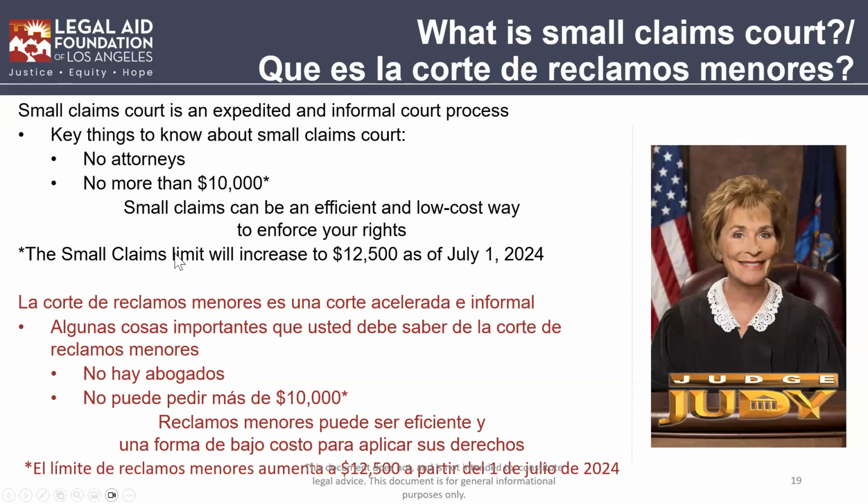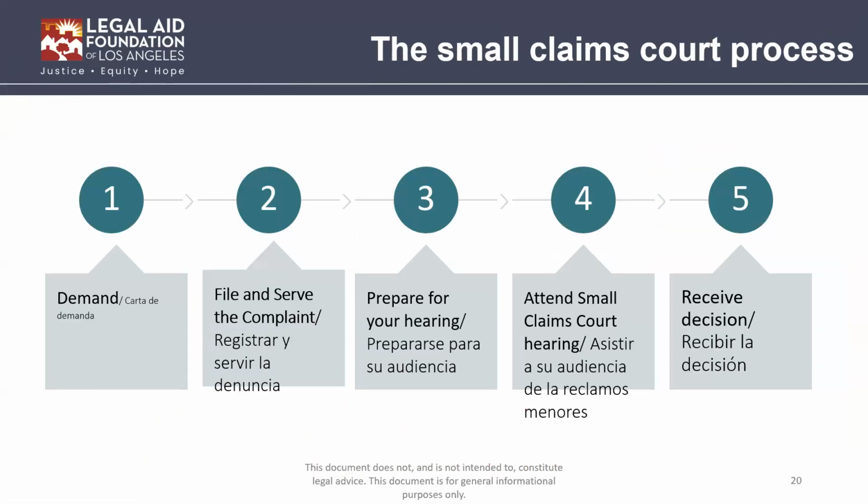And small claims court is much more low cost. The filing fees are much lower than in a limited or unlimited civil suit. And because there are no attorneys allowed in small claims court, there's not going to be as much of an opportunity to rack up attorneys' fees and bills.